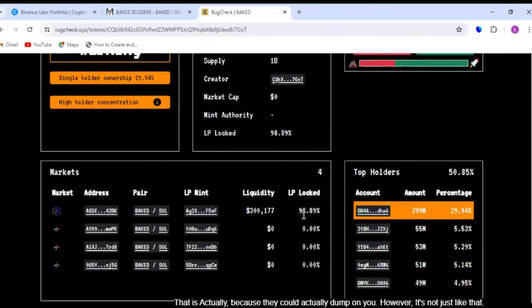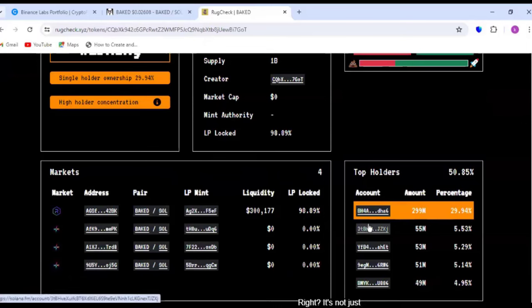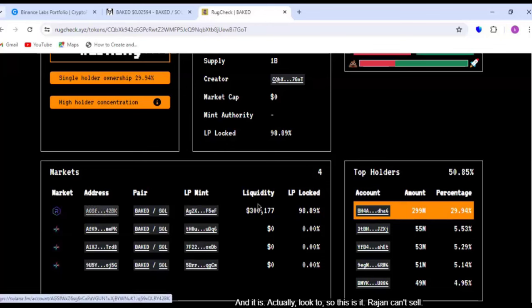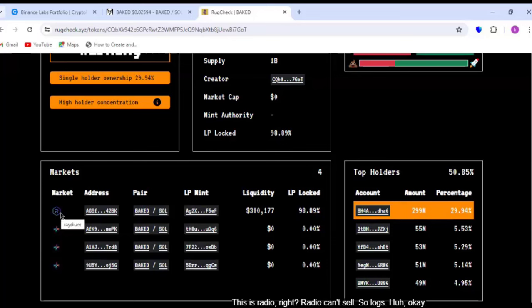However, it's not just like that, because liquidity is locked, 98.89%, and it is actually locked to Raydium. So Raydium can't sell.